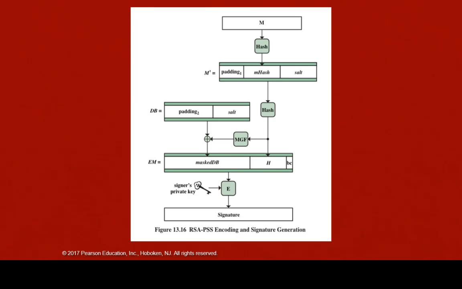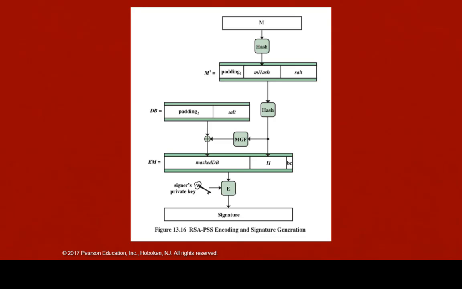Please pause and review the figure, RSA-PSS encoding and signature generation. The essence of the RSA digital signature algorithm is to encrypt the hash of the message to be signed using RSA. However, as with the use of RSA for encryption of keys or short messages, the RSA digital signature algorithm first modifies the hash value to increase security.